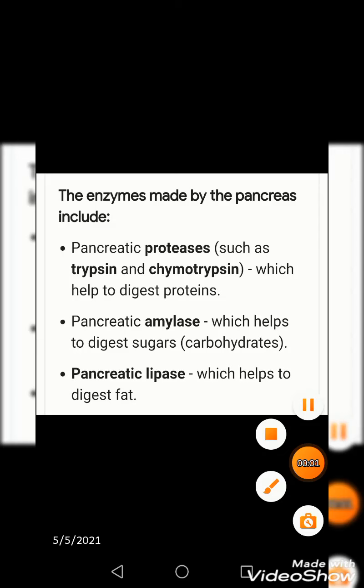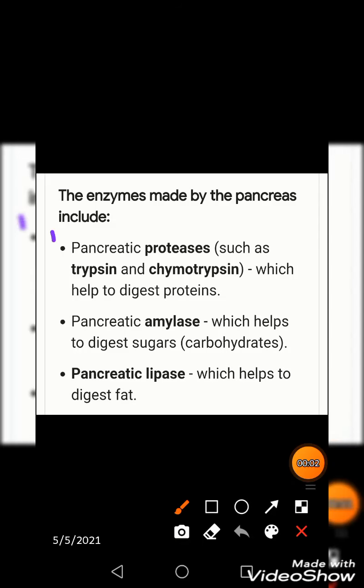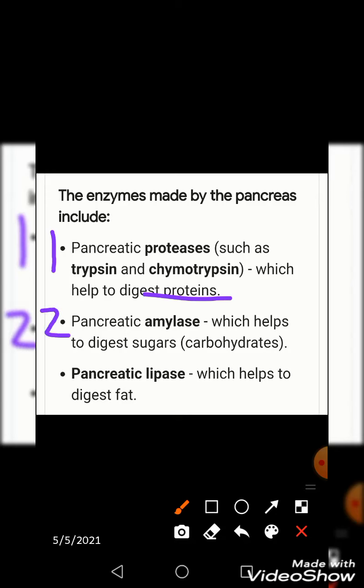In the list you can see the pancreatic proteases such as trypsin and chymotrypsin. They are going to digest your proteins. Next is pancreatic amylase. It helps to digest your sugars, like carbs. And number 3, we can mention pancreatic lipases that digest your fat.